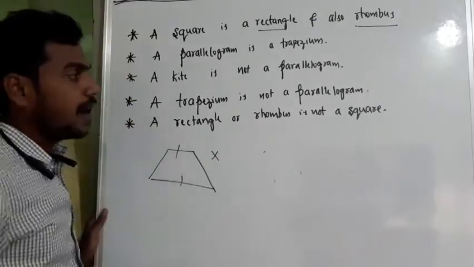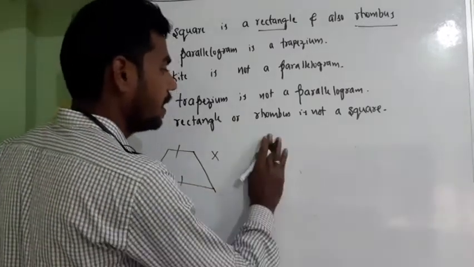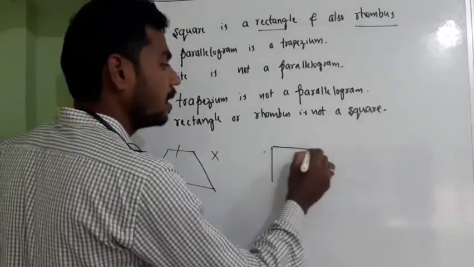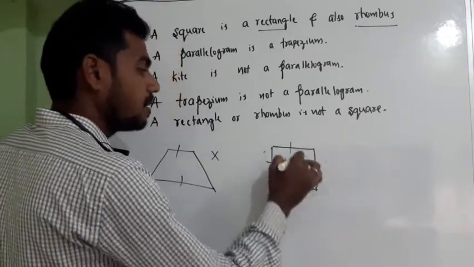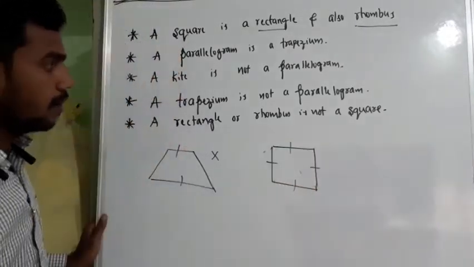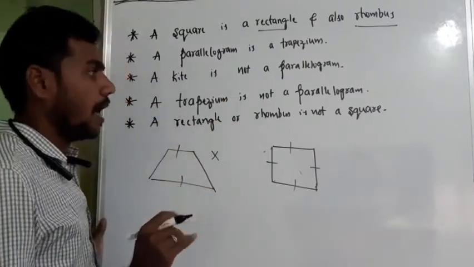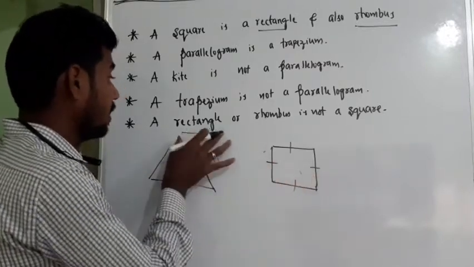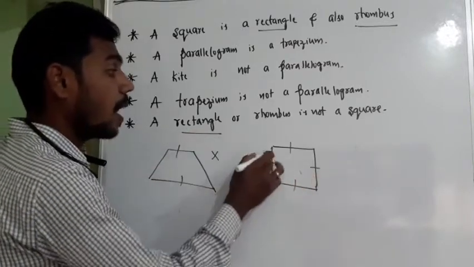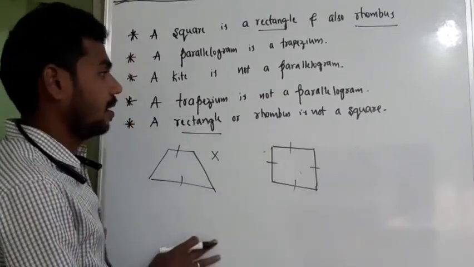Next, a rectangle or rhombus is not a square. If I want to call a figure a square, all the sides of a square should be equal. All the four sides should be equal. And one more thing, in the case of a rectangle, only opposite sides are equal, but here all the sides are equal.